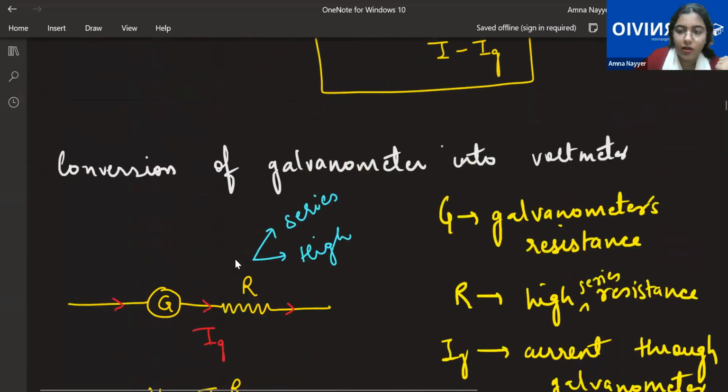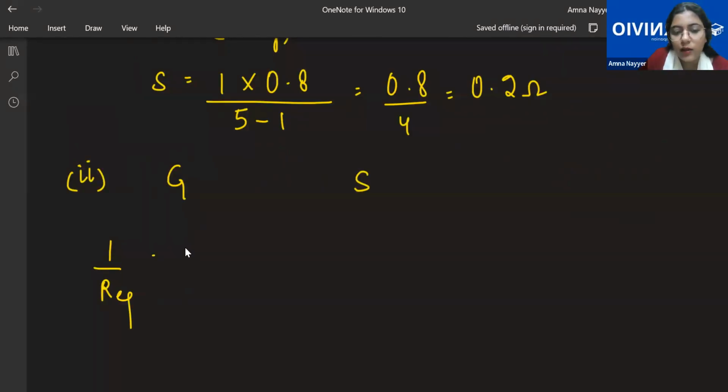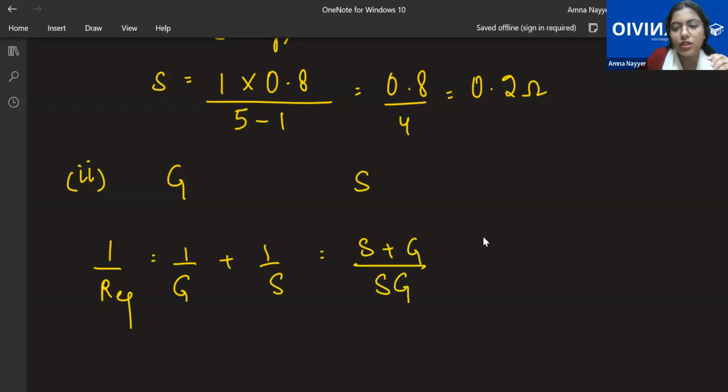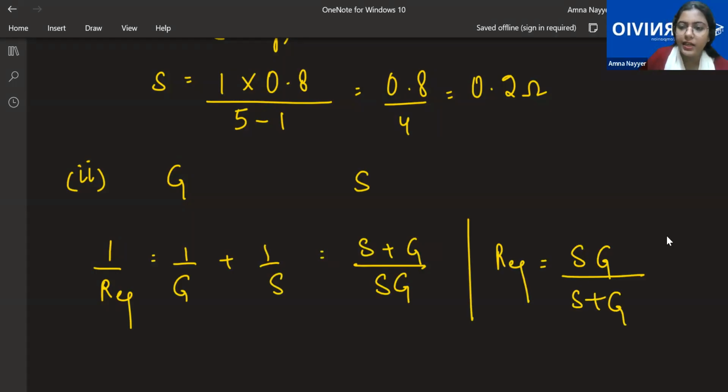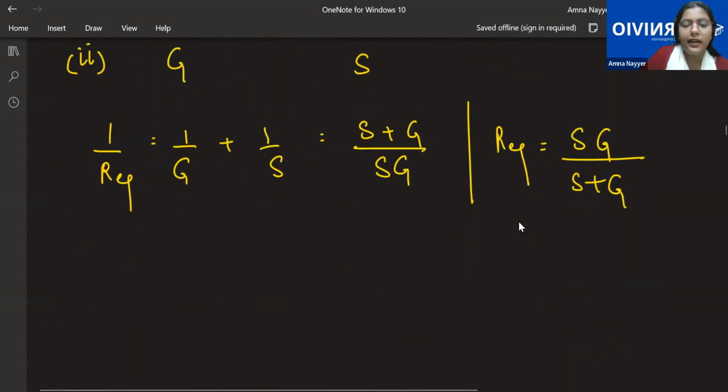So the combined resistance means the equivalent resistance. 1 by R equivalent is 1 by capital G plus 1 by S. That makes it S plus G divided by S into G. So R equivalent is equal to S into G divided by S plus G. Putting in the values, S is 0.2 and G is 0.8.